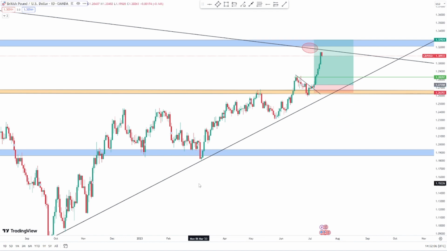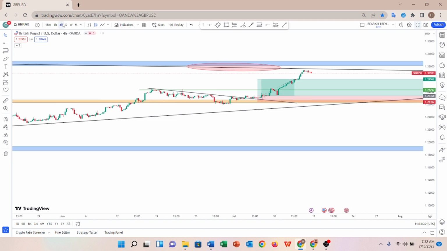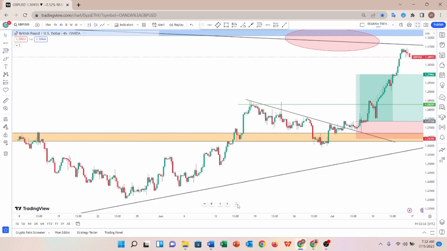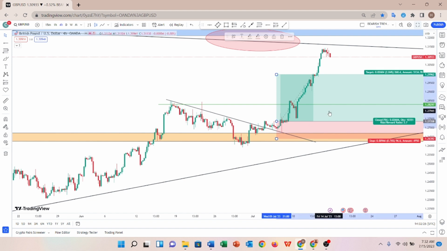If we go to the 4-hour time frame, that was when we had our entry. This is the 4-hour time frame, exactly like so.